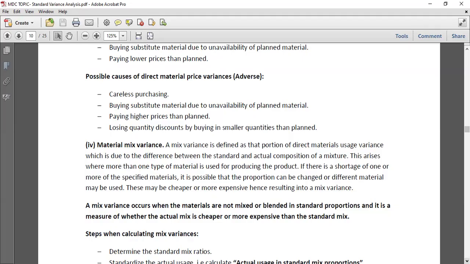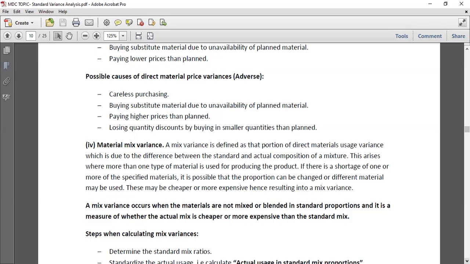So, maybe in terms of quantities, to produce 50 bricks, you require maybe 10 kgs of cement, and maybe you need about 40 kgs of sand.